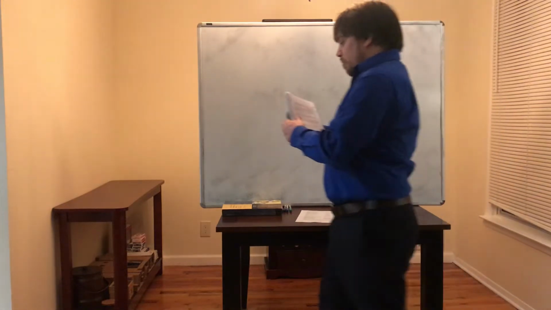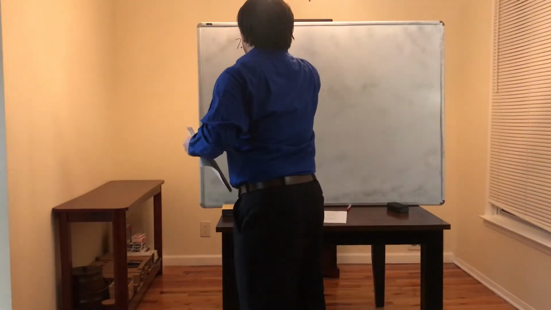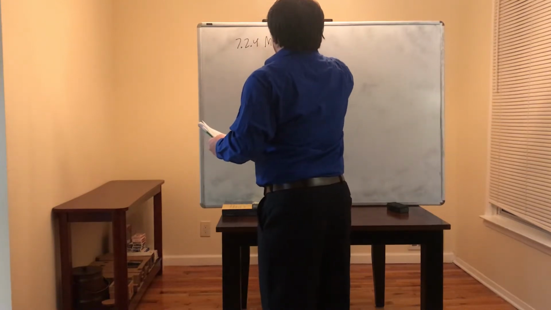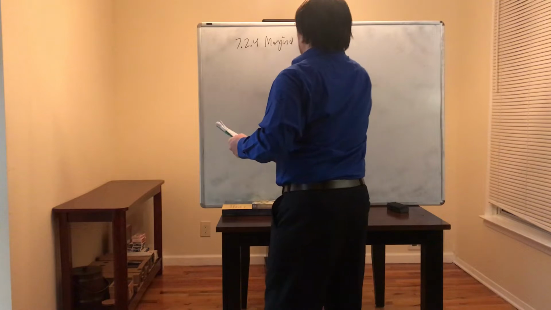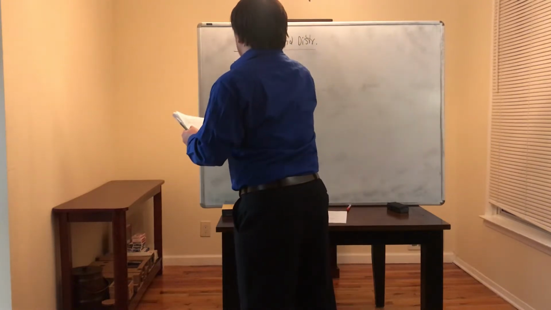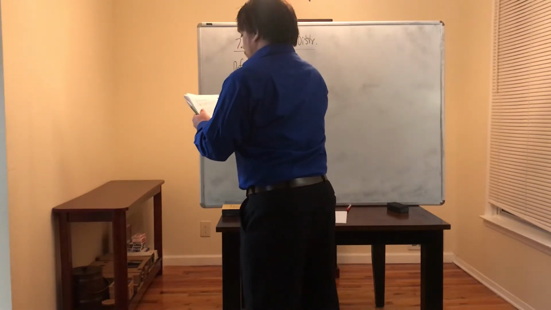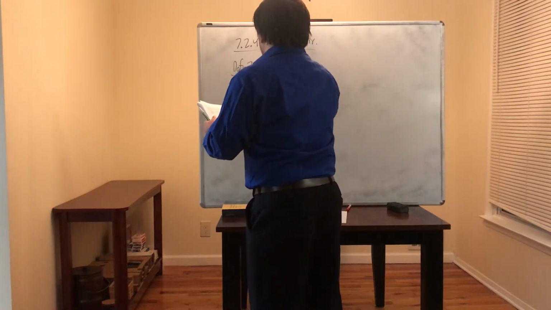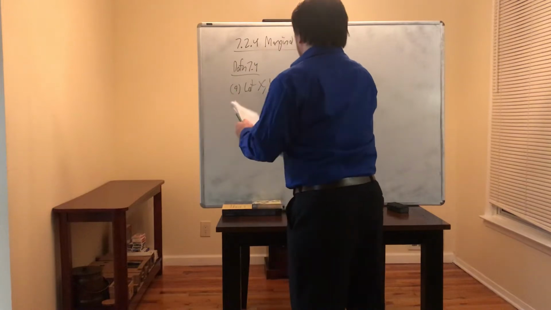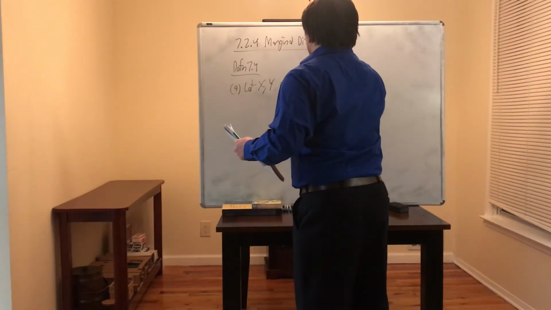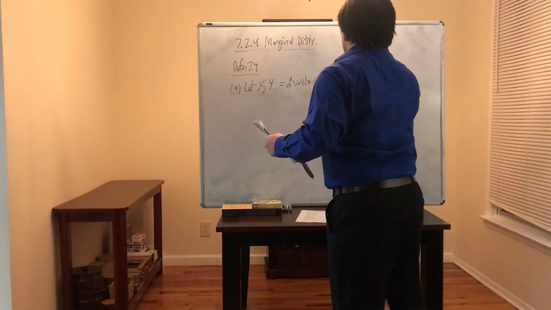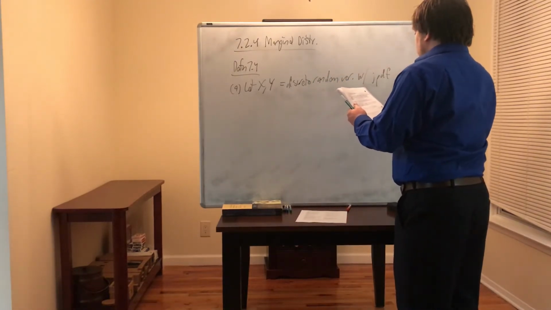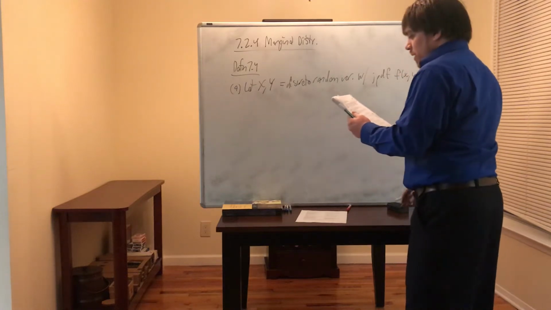Okay, so now it's 7.2.4, which is on marginal distributions. Okay, so definition 7.4, part A. Let x and y be discrete random variables with JPDF, joint probability density function, f of x comma y.